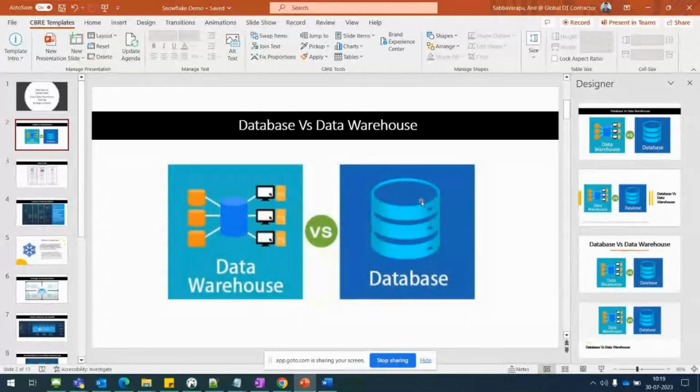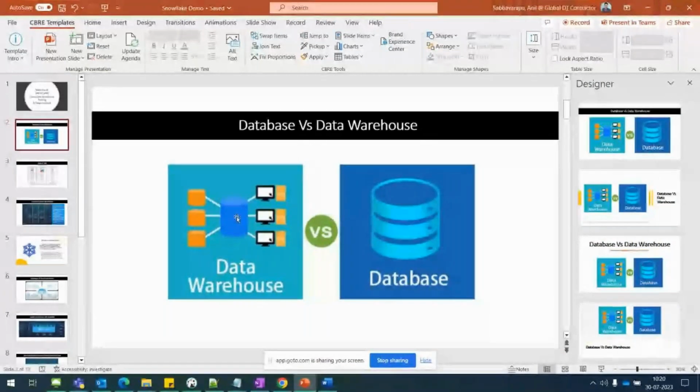Here, database is a single term, and data warehouse is the collection of databases, collection of data from different places, and we are storing it in an organized way within a data warehouse. So once the data is stored in a data warehouse, you could build some reports on top of it, and you can take some wise decisions on top of those reports.